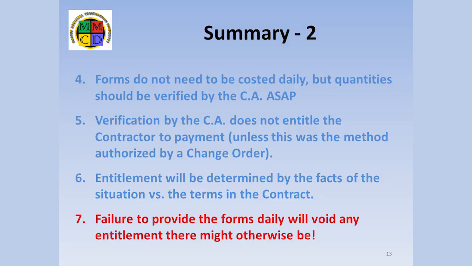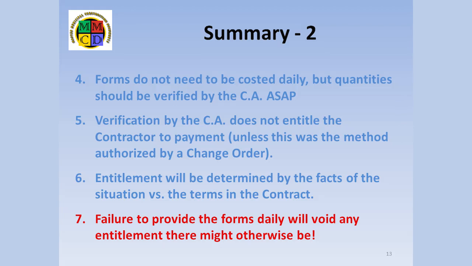4. Submitted forms do not need to be costed, but are expected to be verified for accuracy of quantities as soon as possible. 5. Unless a change order has been issued stating that this will be the costing method for an approved change, verification of submitted quantities does not prove entitlement. 6.